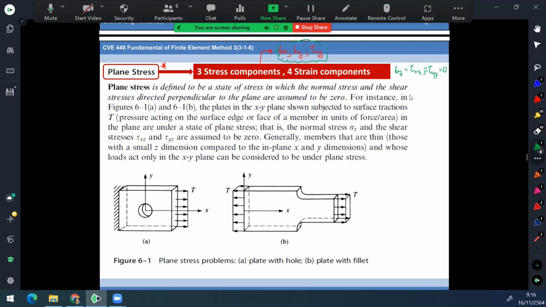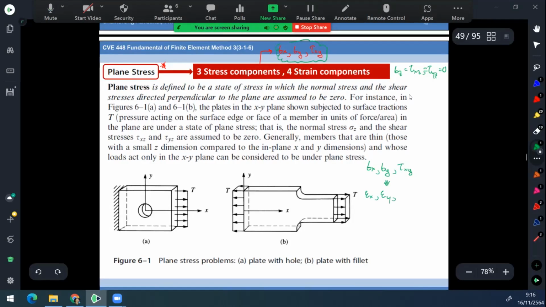So for the plane stress problem, we have sigma x, sigma y, and tau xy, and they relate to four components of strain, epsilon x, epsilon y, and gamma xy. We also have epsilon z, according to the Poisson effect.